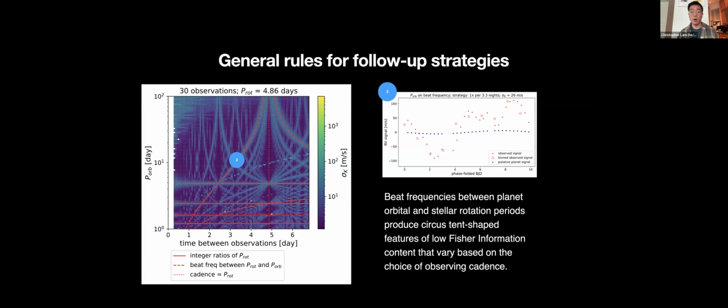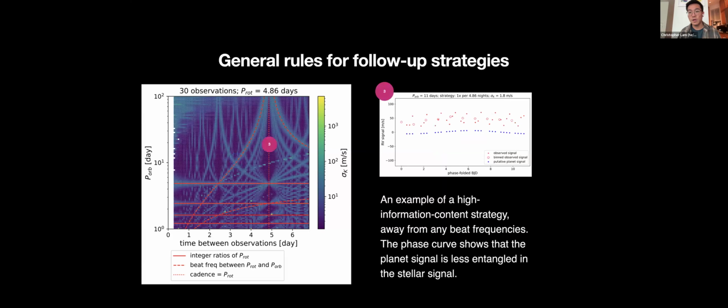There are areas where you're on a circus tent, and areas where you're not. This type of map helps inform the decisions you make about how to craft your observing strategy. And the phase plot on the right side shows that these signals are really entangled. And here's an example of where that goes away.